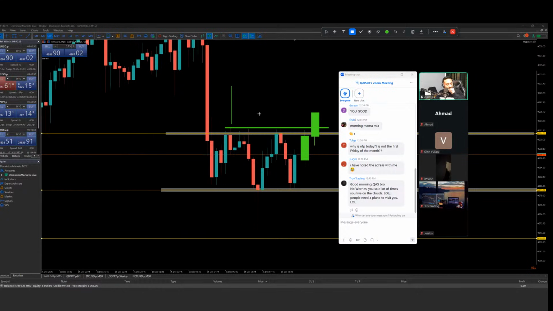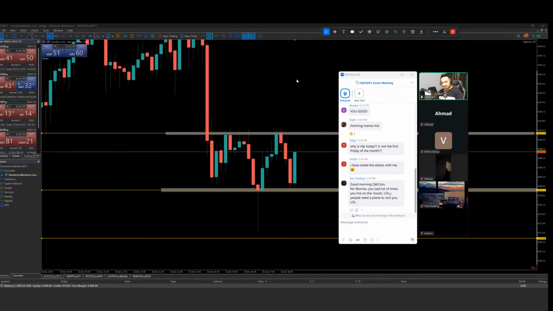Higher probability, because this resistance is connected with H4, H1, M30, all time frames respecting this resistance area. So with the session opening, depending on the volume, this structure or impulse entry has also worked out many times.